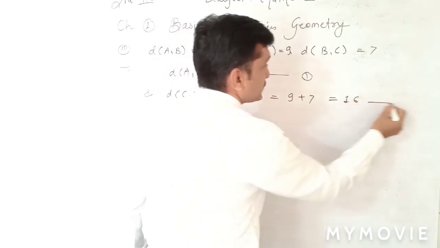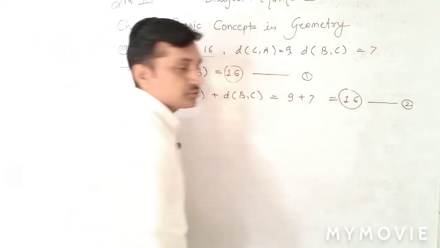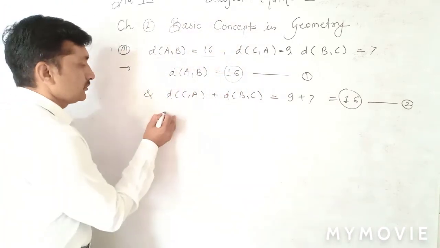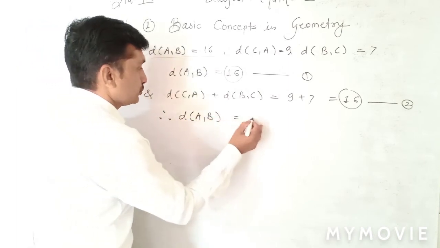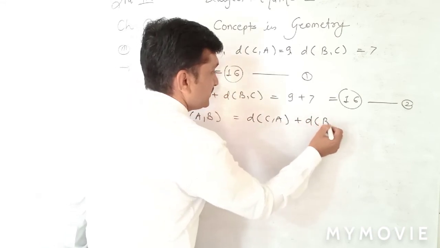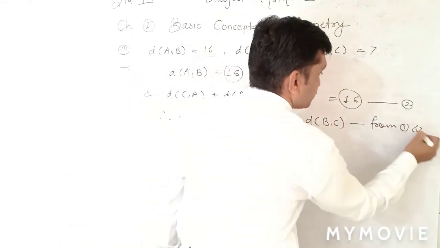Addition is 16. Give number 2. Now here 16 on the right side, here also 16. Both right sides are equal, therefore left sides are equal. Therefore distance AB is equal to distance CA plus distance BC, from 1 and 2.